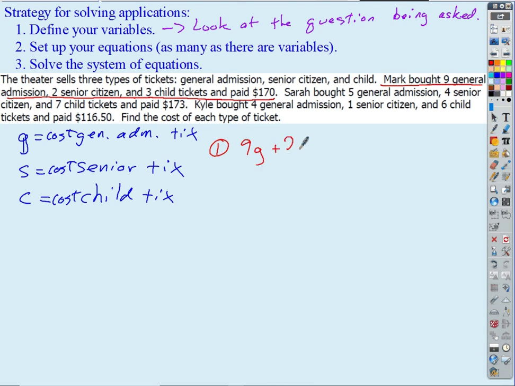9G plus 2S, good, plus 3C equals 170, good. And then we've got Sarah bought 5 general, 4 senior, 7 child, and paid 173. So that's what, 5G.